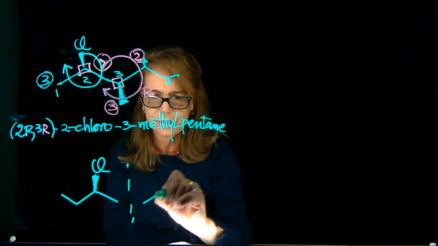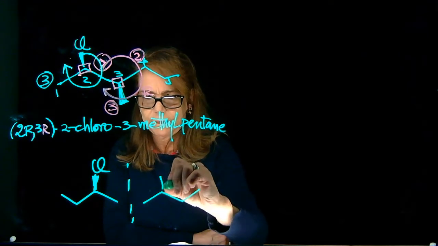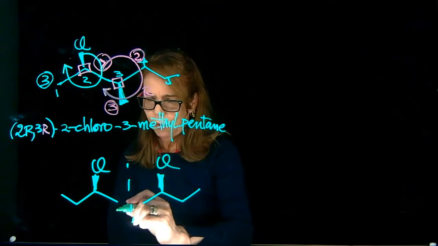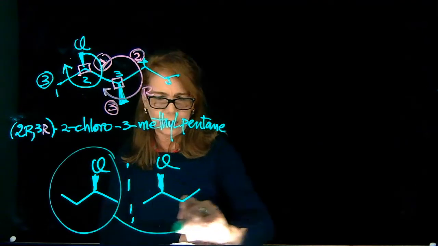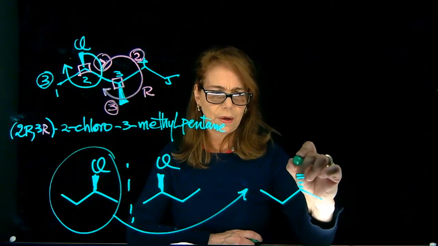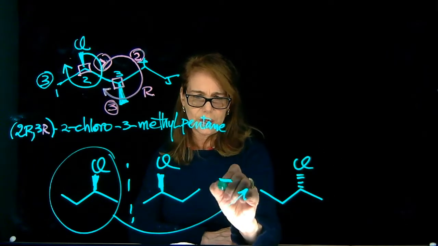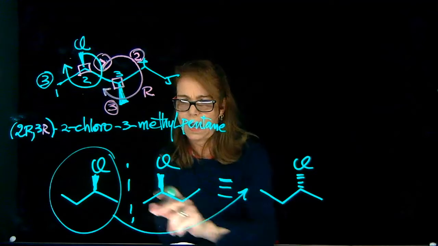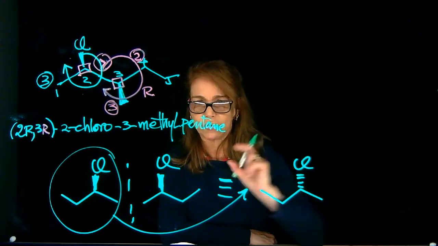The mirror image was this, or we can just grab this one and do one switch here. And this too is the same thing. So this is equivalent to that.